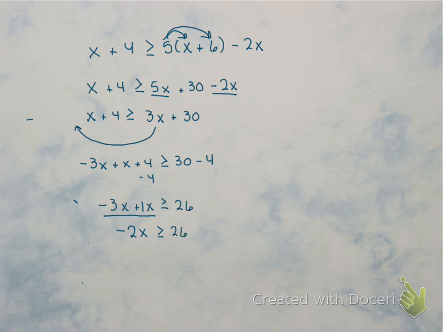Okay. Divide by negative 2. And because the 2 is negative, when we divide and get negative 13, we change the direction of the symbol. Okay, I'm sure by now this has definitely sunk in.